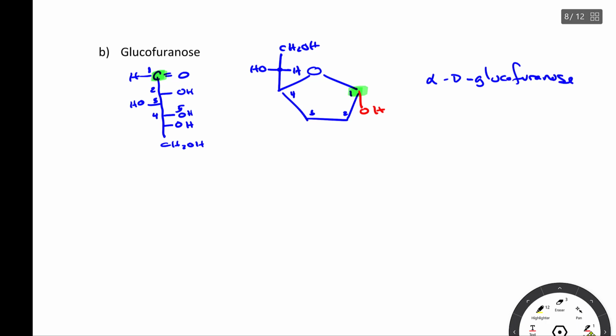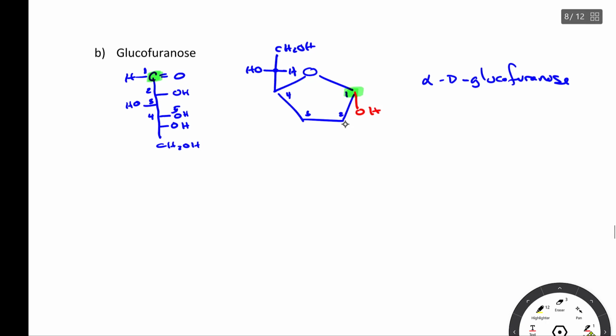The same trick applies. If you know where carbons 2 and 3 are, then for carbons 2 and 3, you can go down like this. All right, that. And then, let's see, and up like that. Now, carbon number 4 has a hydrogen sticking out like this.